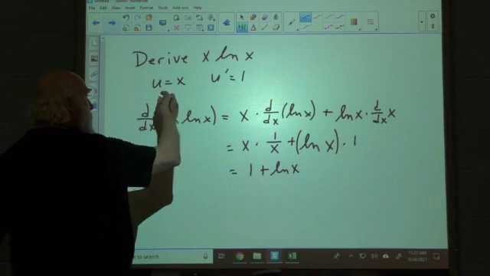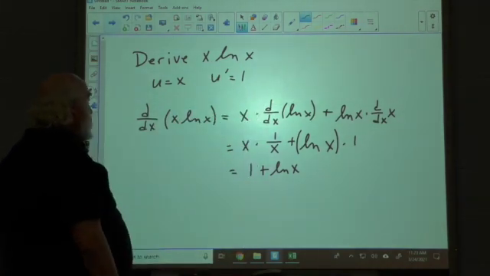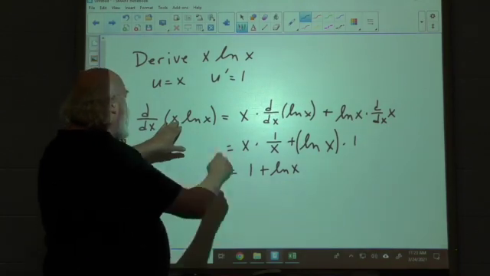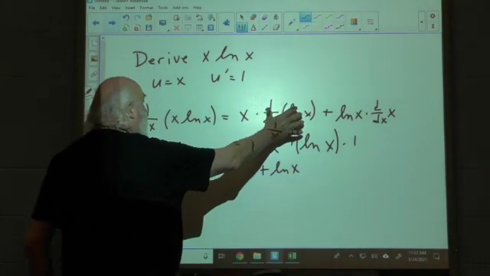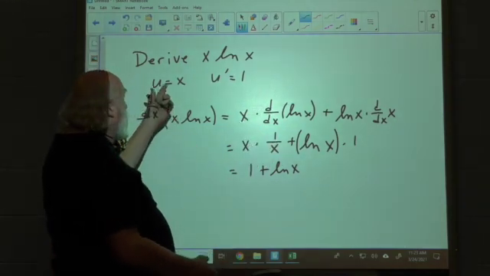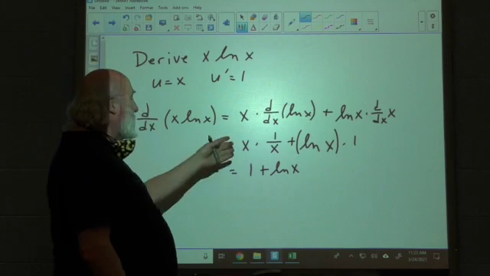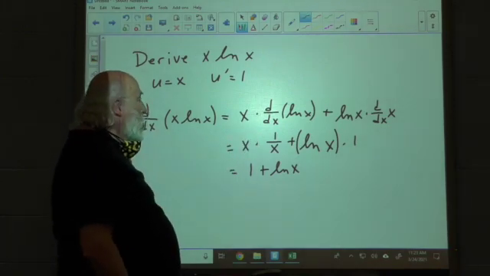That means x is u, and u prime is 1. So I took x times the derivative of the natural log of x. Well, the derivative of the natural log of x is 1 over x, as we found before. Or if you use u prime over u, you get 1 over x. So x times 1 over x gives you 1.